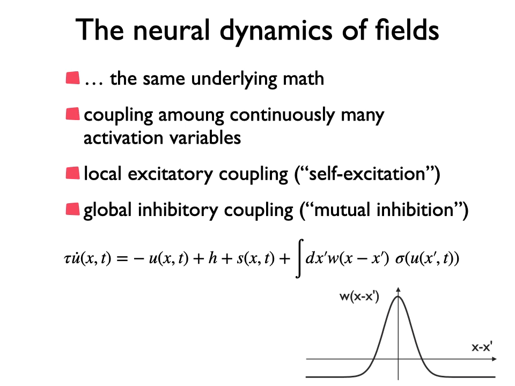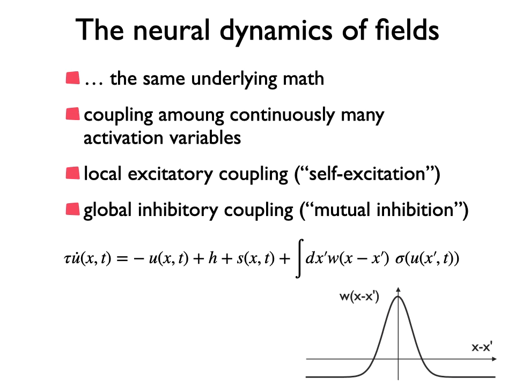So field sites x prime that are close to the location I'm looking at have a positive influence here, and that makes it excitatory, and field locations that are further removed have an inhibitory, negative contribution, and that makes the competitive state that I was looking at earlier. Again, coupling or interaction is just the dynamic version of what is connectivity in regular neural networks.